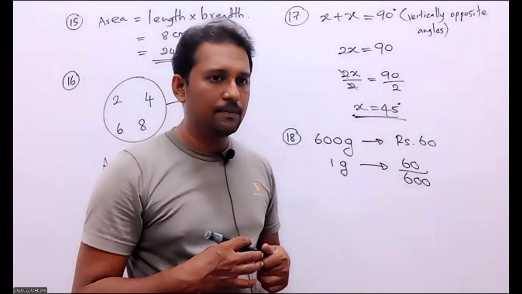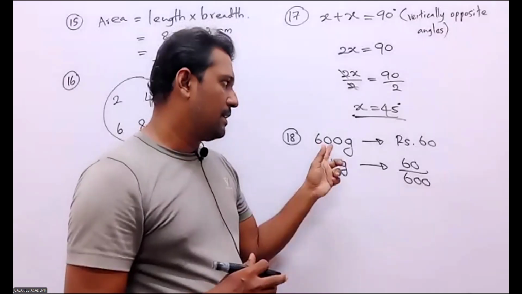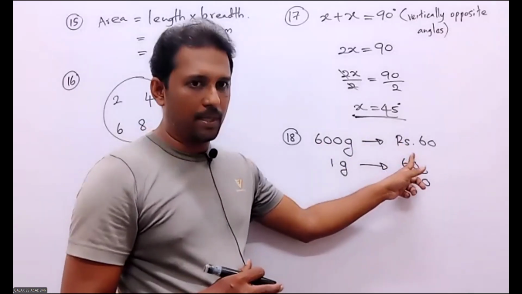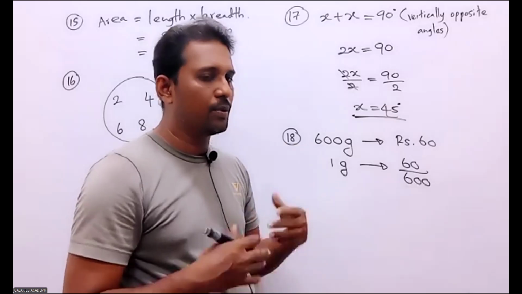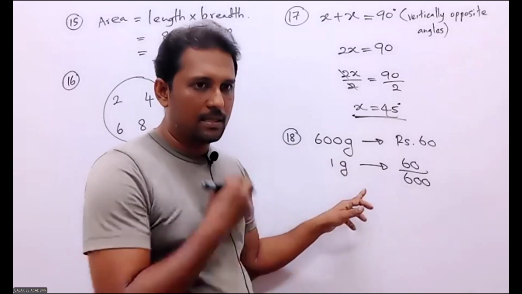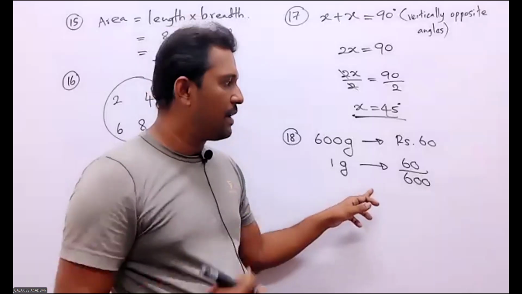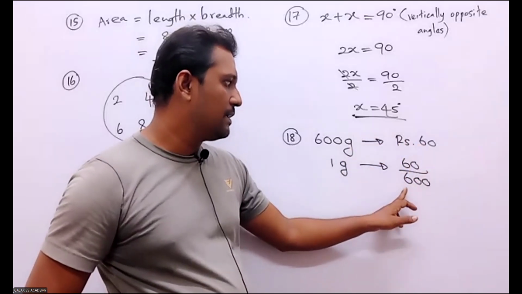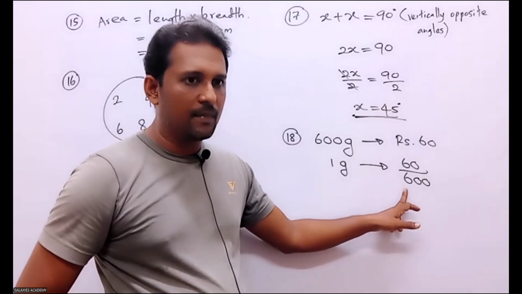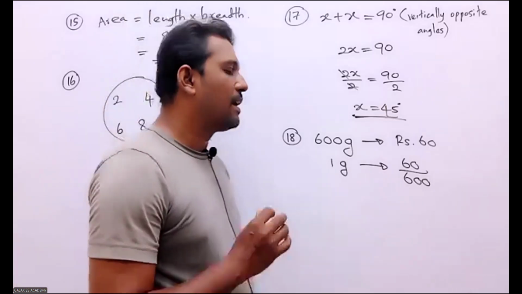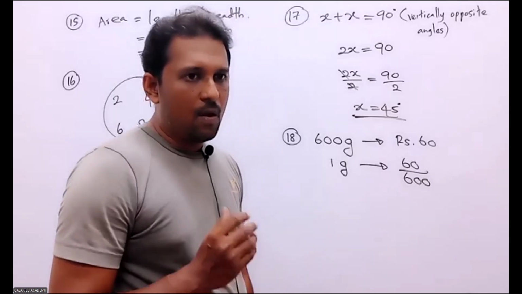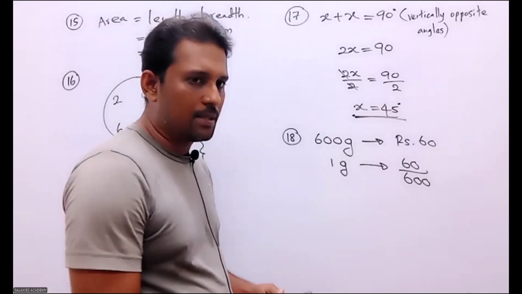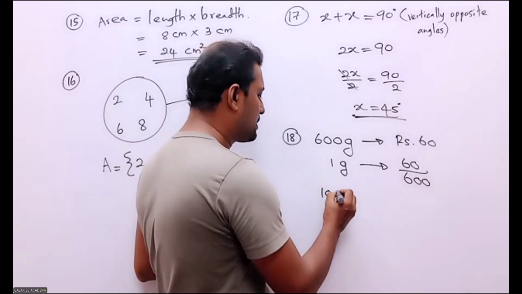Are you clear? 600 grams is equal to 60 rupees, so you can find the 1 gram price by dividing 60 by 600. Then you have to find 1 kilogram of sugar. 1 kilogram is how many grams? 1000 grams.